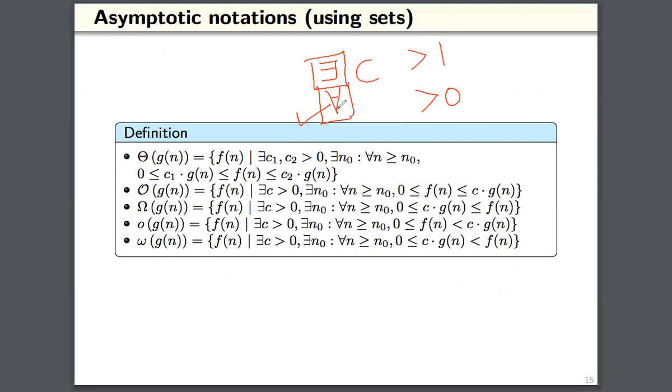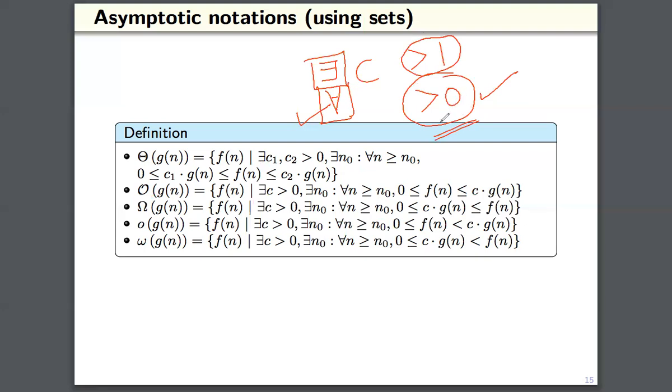Yes, you're right. I think it is for all, but whether it is greater than or equal to 1 or 0, I will check this. Very good point. Personally I think 0 or 1 is not important as long as it's a constant. 0, 1 can always be normalized. So I think greater than 0 should be fine.